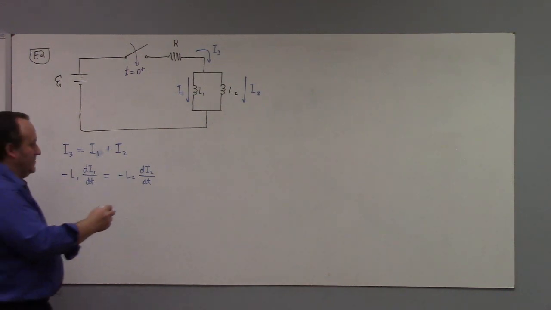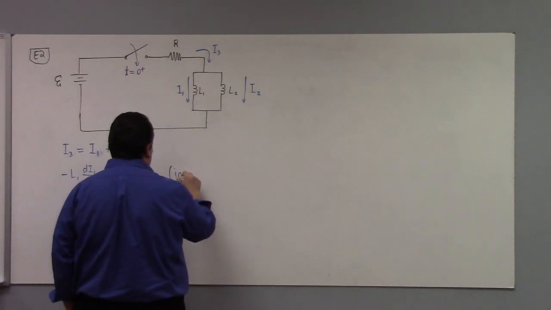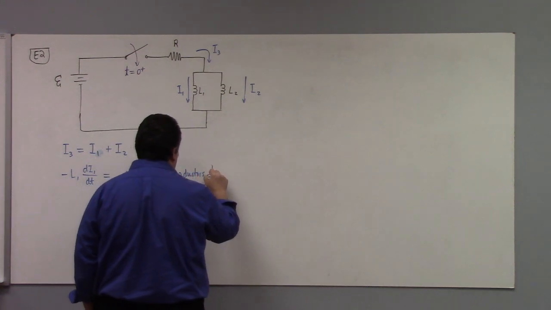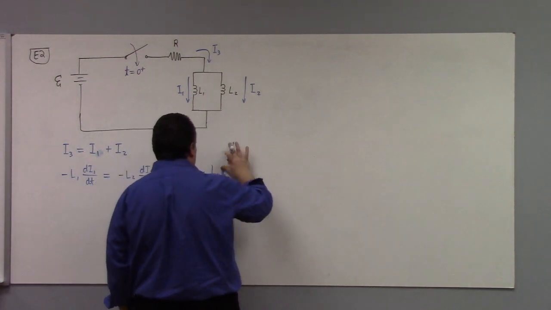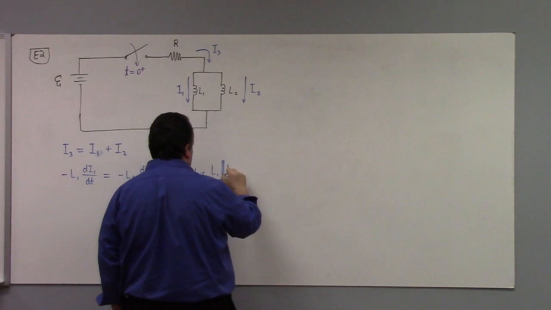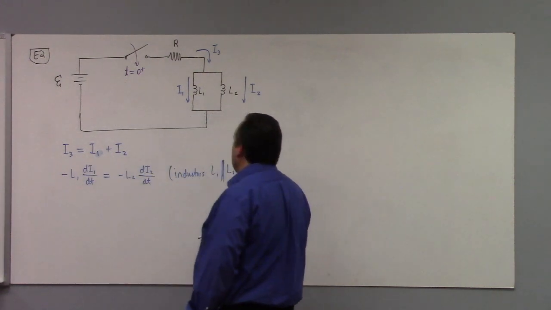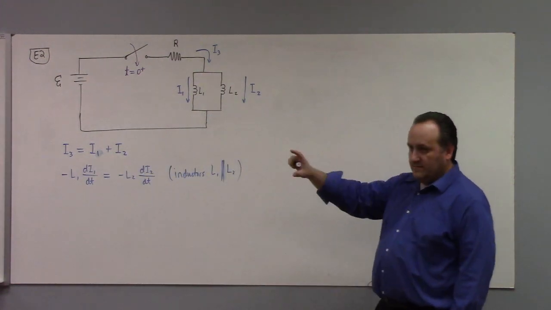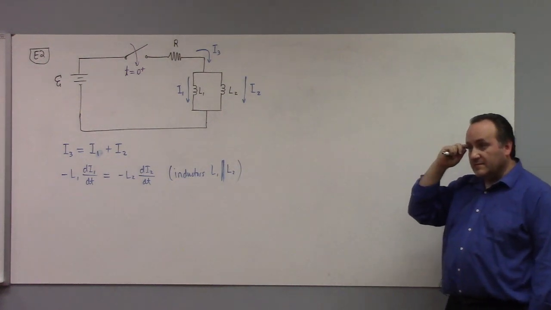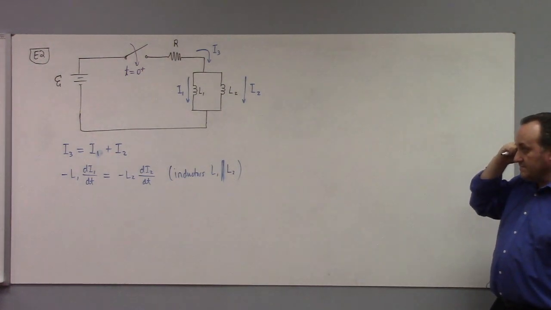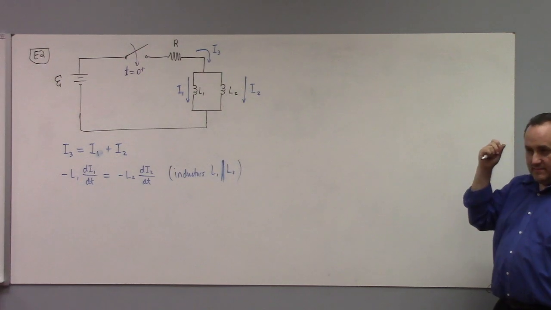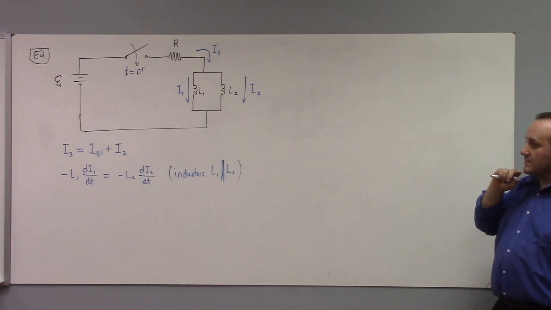The inductors are in parallel, right? L1 is parallel to L2, and parallel circuit elements have the same voltage across their terminals. That's definitely the case here. So we have that. What else can we say?